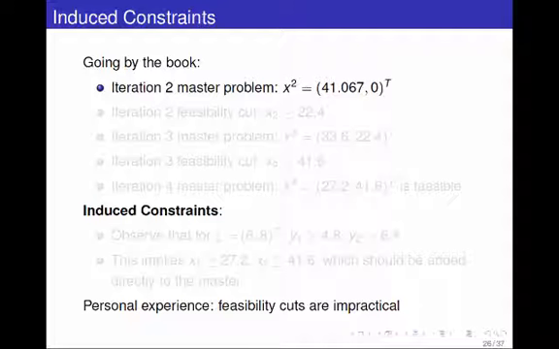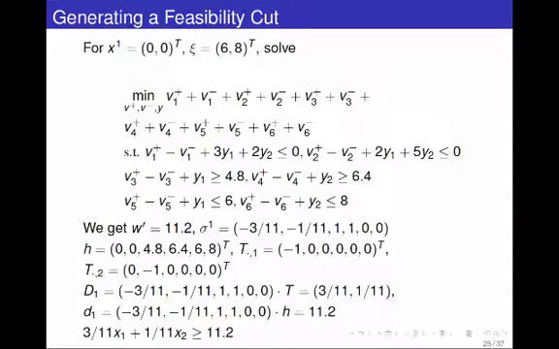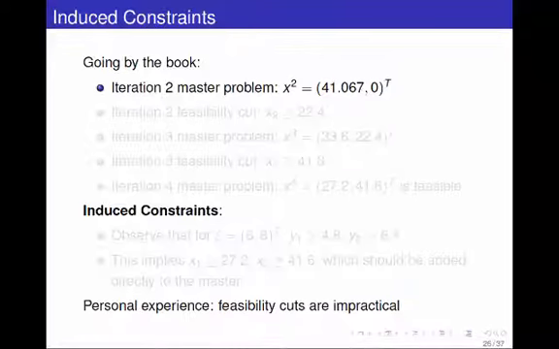So I'm going to show you how these apply for the problem that we have. So starting from x1, it was 0, 0. We got the cut over here. We plug it into the master. We go back. We get this guy here. It's looking better, right? The x's are increasing and we need that.